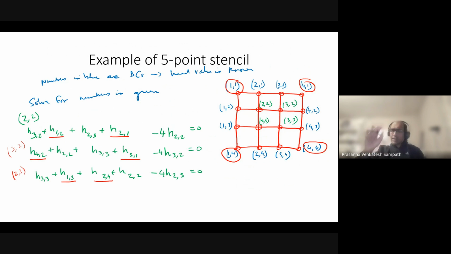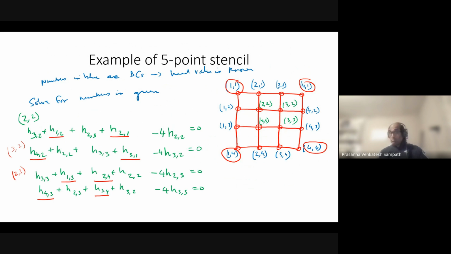Now I go to the last cell, 3 comma 3, the last unknown. For that I have the following equation: i plus 1 comma j is 4 comma 3, i minus 1 comma j is 2 comma 3, i comma j plus 1 is 3 comma 4, and i comma j minus 1 is 3 comma 2, and then minus 4 times h of ij, which is 3 comma 3, equal to 0.